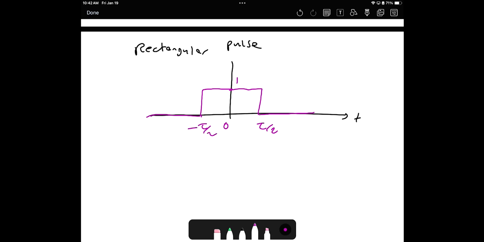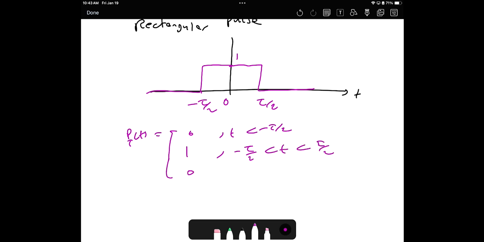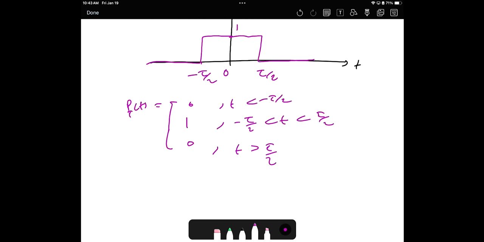This is the time. So basically, we will say it is P of t at tau. So it's 0 when t is less than negative tau over 2, or 1 when t is between negative tau over 2 and tau over 2, or it can be 0 when t is larger than tau over 2. In other words, sometimes we will call it rect t over tau.